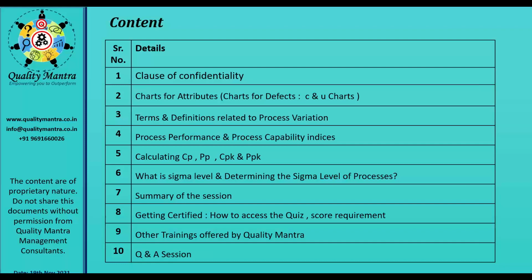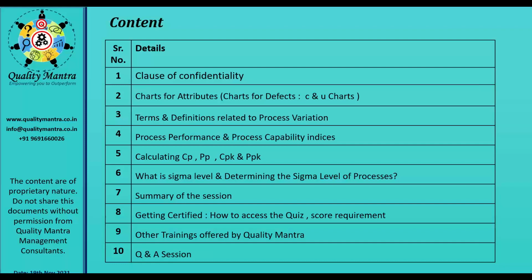Then, as we move towards knowing the capabilities and the performance of the processes, there are certain terms and definitions related to process variation: what is inherent variation, what is overall variation, because this is what is going to be used for calculation of the CPK and the PPK, or you can say CP or PP also.